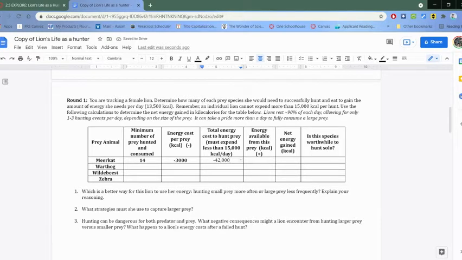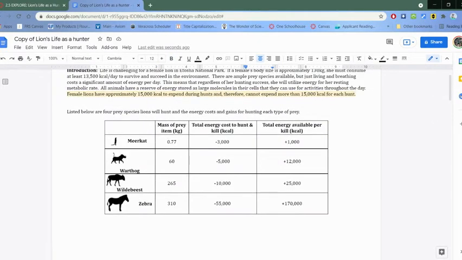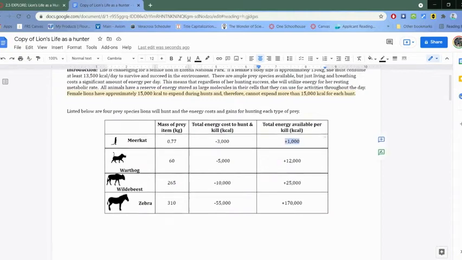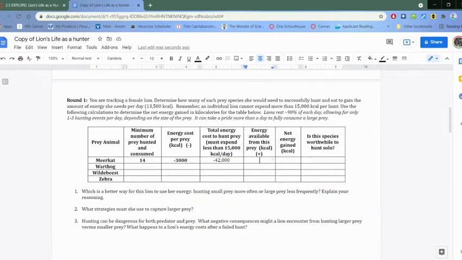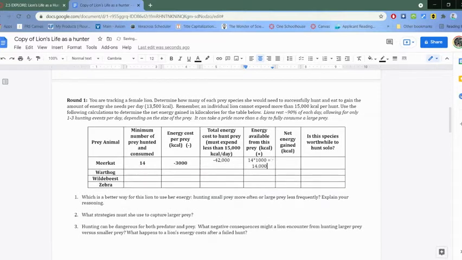Energy available is going to be the 14 individuals times the 1,000 calories that I gain from eating that meerkat. So 14 times 1,000 equals 14,000. So this is my positive energy gain, and this is how much energy I've expended.